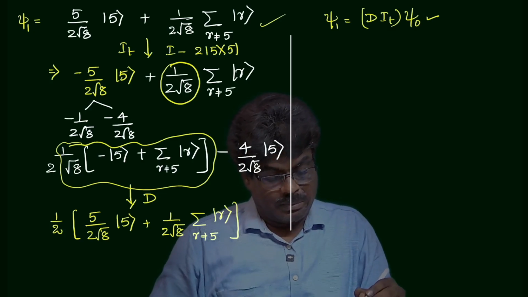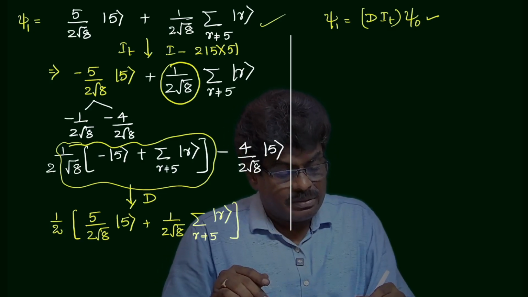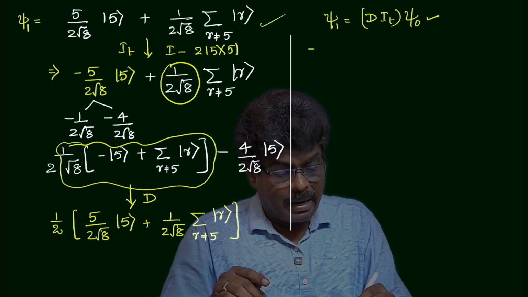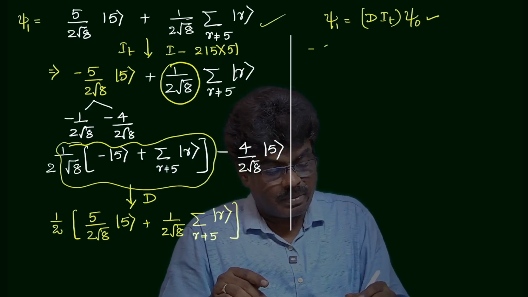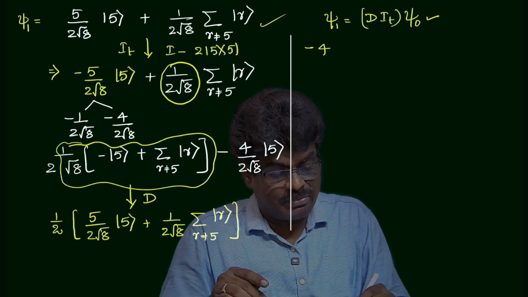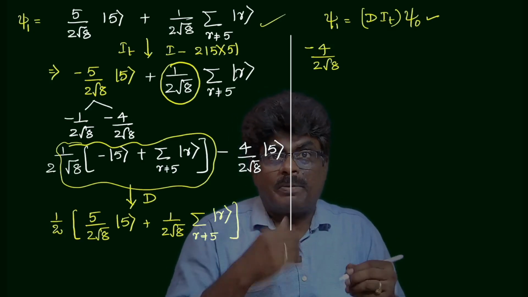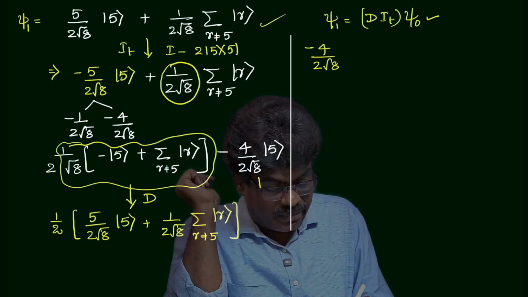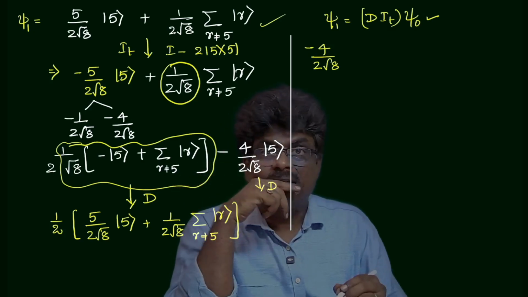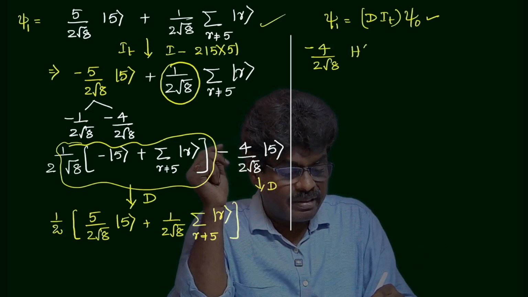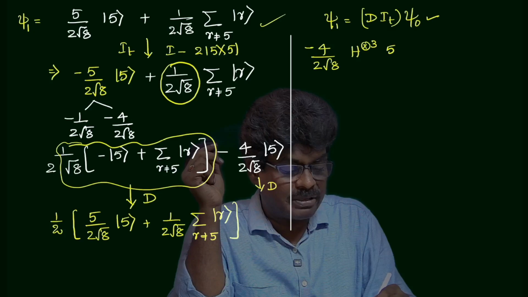I'm taking that state 5, minus 4 by 2 root 8. Okay, so after this, the diffusion operator. What is a diffusion operator? We have to operate the diffusion operator on this. The first one is H tensor 3 operating on 5. H tensor 3 operates on 5.